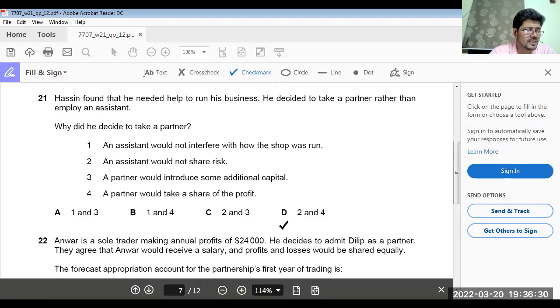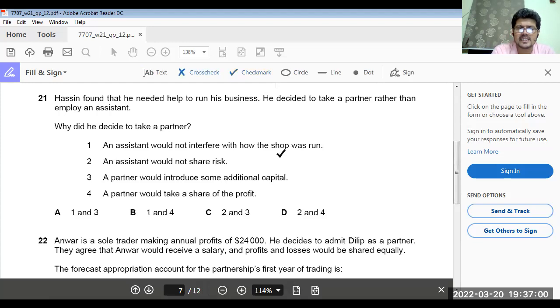Now, the most important thing we have to do in this question is we do not need to show advantage of assistant because he is giving preference to partner. So there must be something negative about an assistant. Okay, are you getting my point?